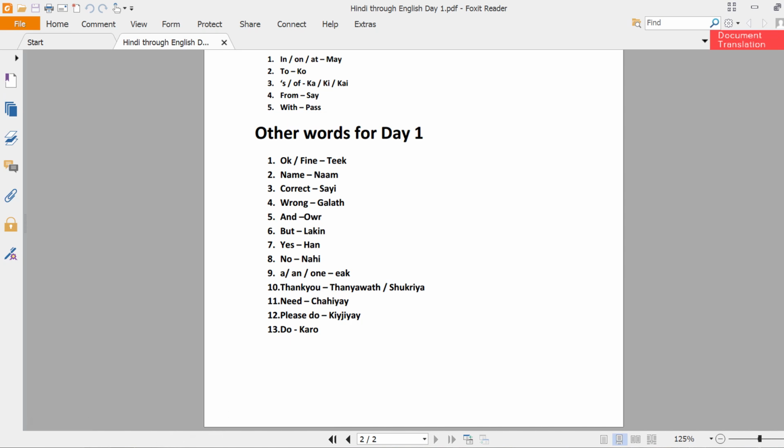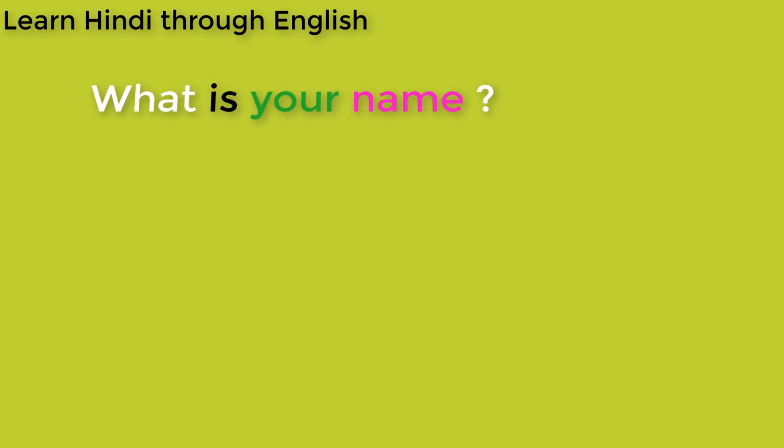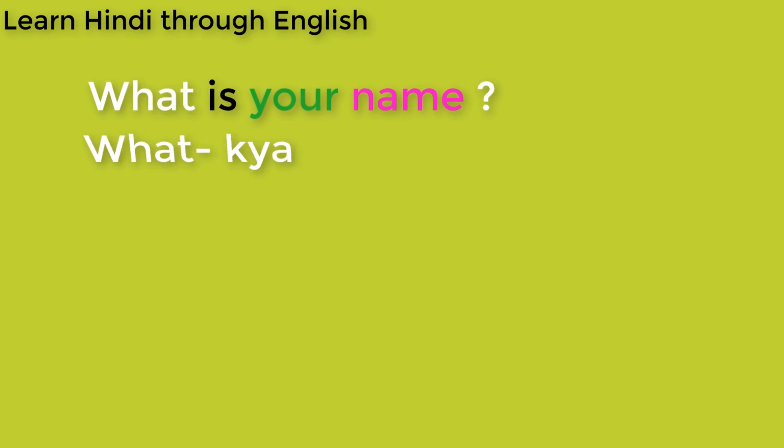I will make some sentences and at the end I will instruct you to do some exercises. Now our first example. What is your name? What: kya. Since it is a question word, you can find it in our PDF with the other question words. Is: hai. It is a standalone auxiliary verb.